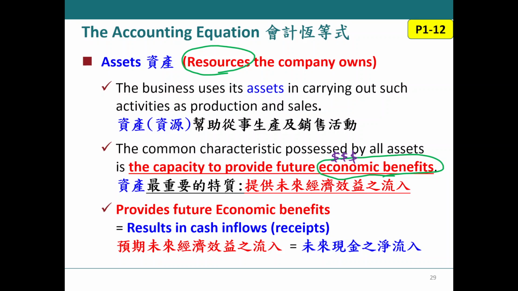Make more money in the future, right? Company does the business for what? Get more money back. So no matter what we are going to do, most of us are doing it for money. So eventually we want to get cash in the future. Assets means they will provide you future economic benefit. In the future, you will receive some cash because of assets. Okay?